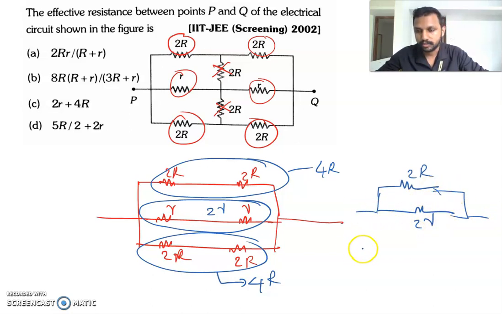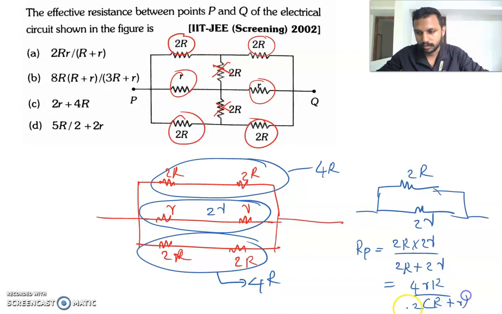Using R1 R2 divided by R1 plus R2, Rp is equal to 2R into 2 small r divided by 2R plus 2 small r. That means it is 4 small r capital R divided by 2 taken out, R plus small r. Then 4 and 2, 2. Therefore, this is your answer.